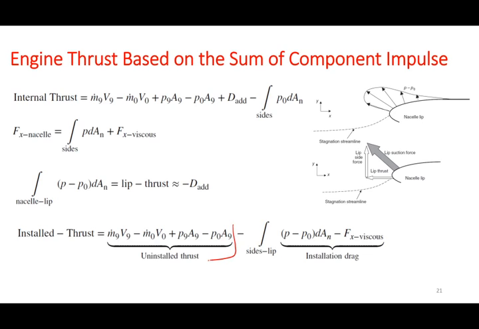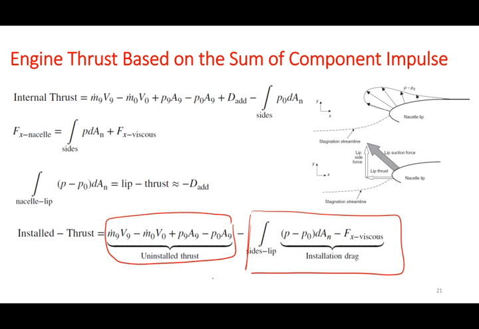So this equation we have seen many times so far. This represents the uninstalled thrust, and from this perspective, we can actually include all of the losses, if you will, the viscous losses and the pressure, the normal losses, as the installation drag. So a subtraction of the installation drag from the uninstalled thrust will eventually give you the installed thrust.